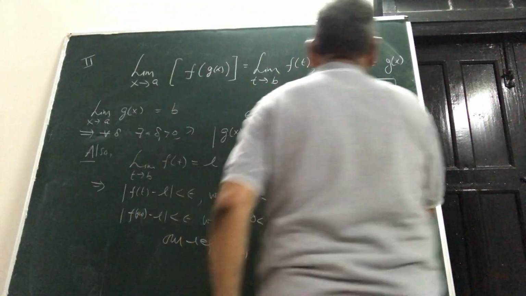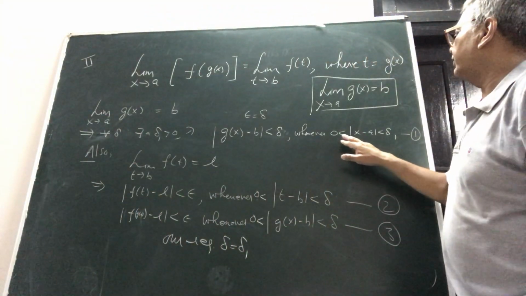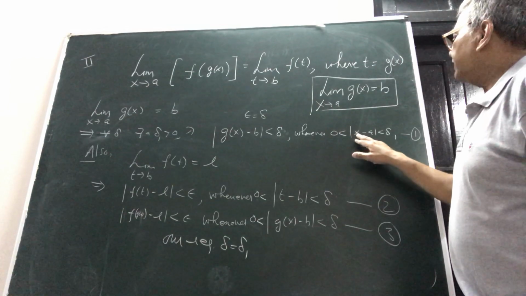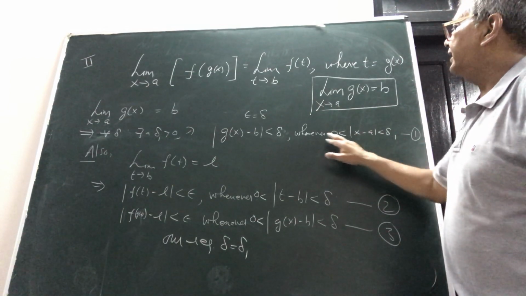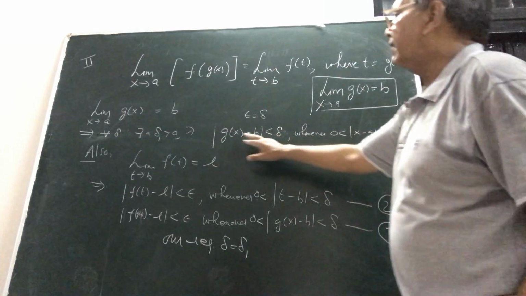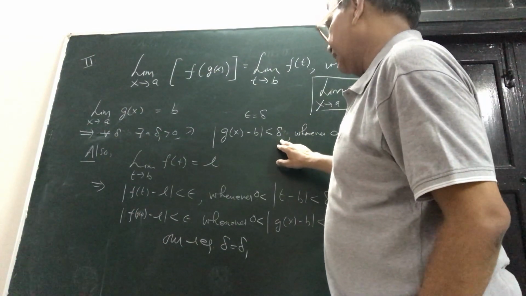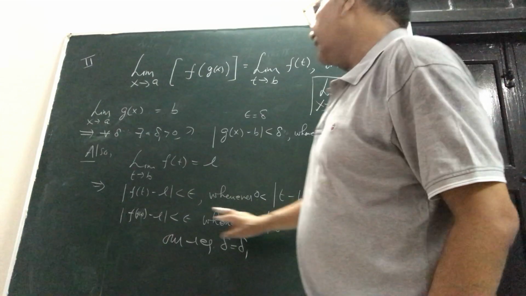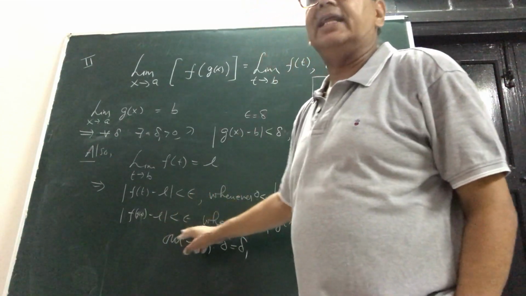You see from here what is happening. Whenever x lies in the deleted delta neighborhood of a, that is, 0 is less than mod x minus a is less than delta 1, then mod g(x) minus b is less than delta. And when mod g(x) minus b is less than delta, then mod f(g(x)) minus L is less than epsilon.